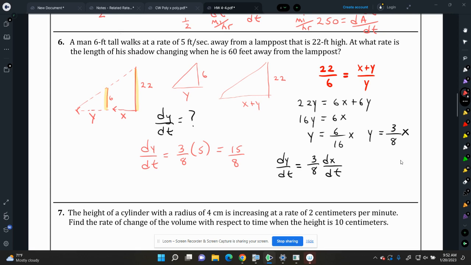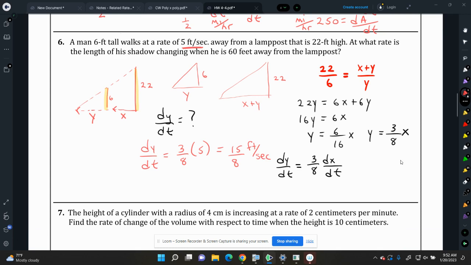15 over 8, and then what's the unit? What was dx dt? Feet. dx dt is feet per second, so this is just feet per second. So I didn't need the 60. Okay.